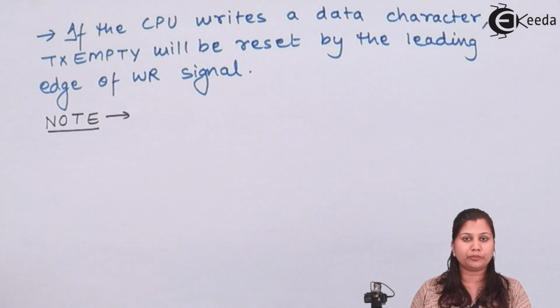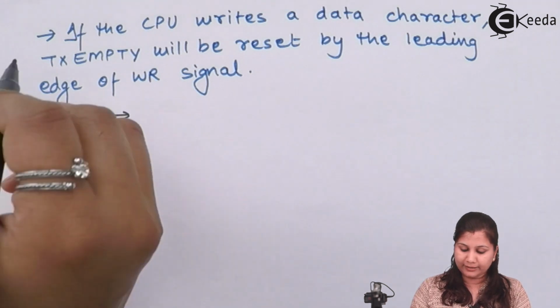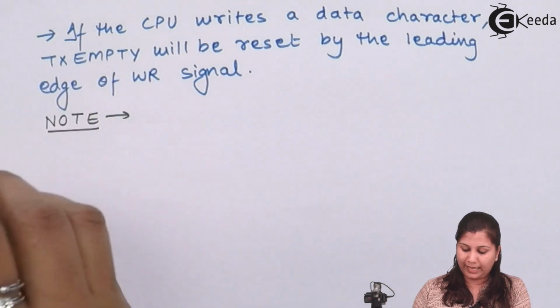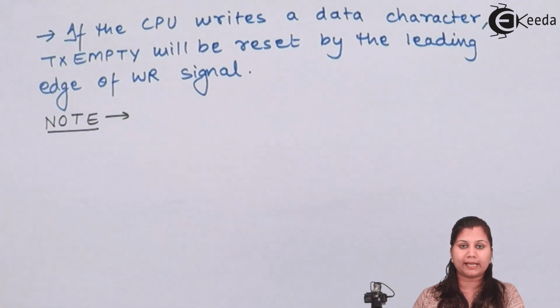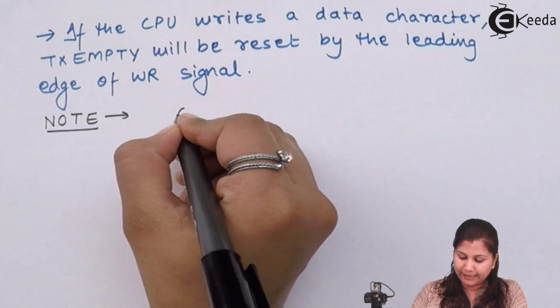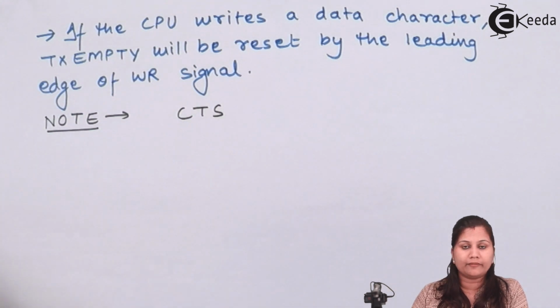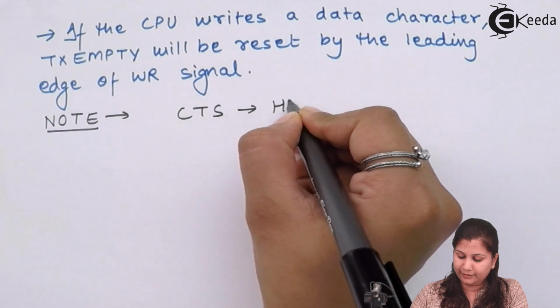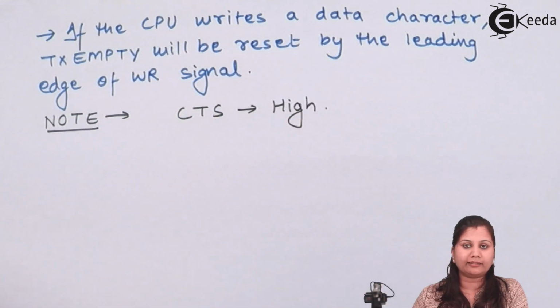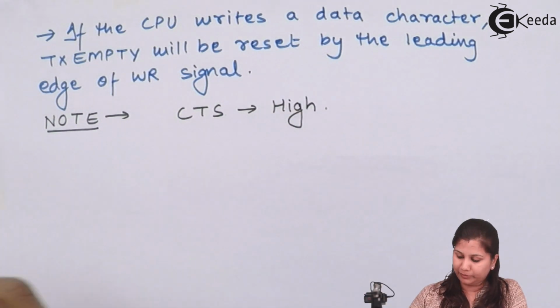One thing should be noted: the transmitter can be enabled or disabled by using the CTS command, which is clear to send. If this pin is high, then the transmitter will be disabled.